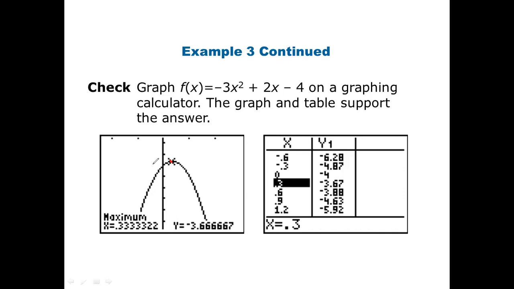So if this is your x and this is your y, 0.33, we have it in here. So that is the maximum value of that quadratic equation. Okay, so again, it is opening downward. So we have that maximum value in here.